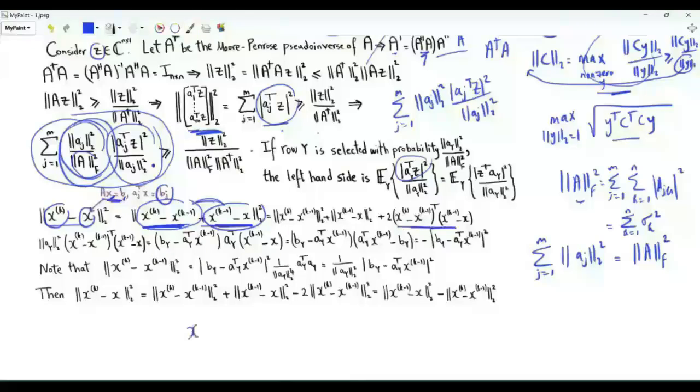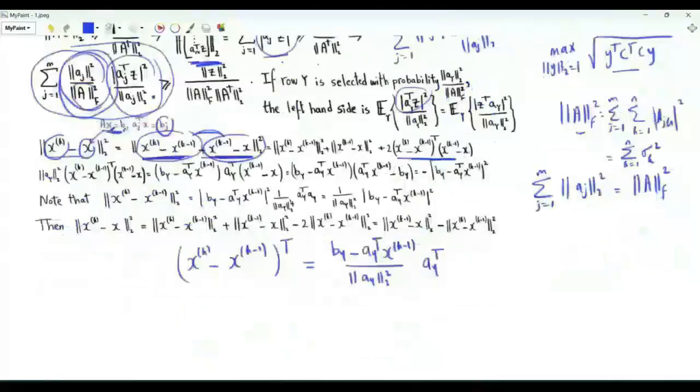Let's think about this inner product. We have x of k minus x of k minus 1 transpose. From the update rule, we know that this is by, where Y is the index of the row used to obtain x of k, by minus ay transpose x of k minus 1 divided by the L2 norm squared of ay transpose, multiplied by x of k minus 1 minus x.